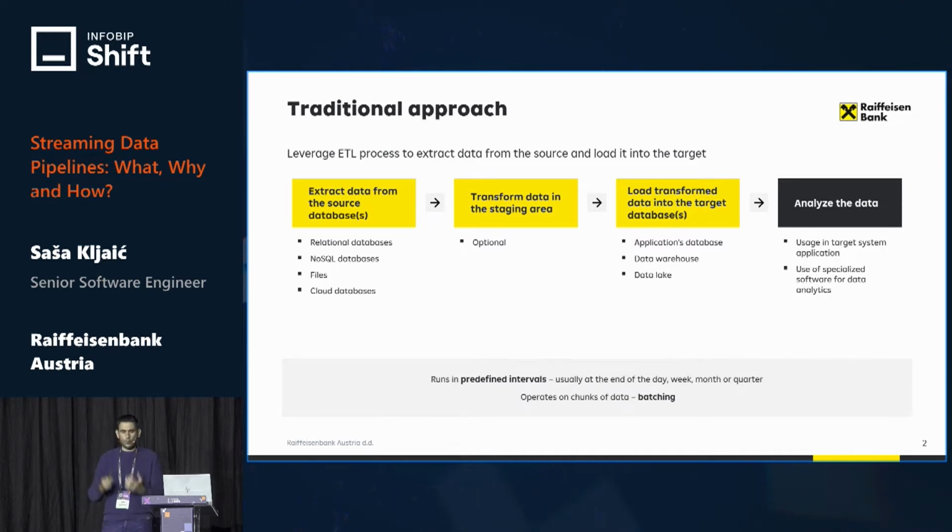So what we want to do is eliminate this waiting before the next interval comes and process data as soon as it changes in the source system. That way, this process will run continuously and operate on an infinite set of data, and we call this process streaming. So why would we want to do that?